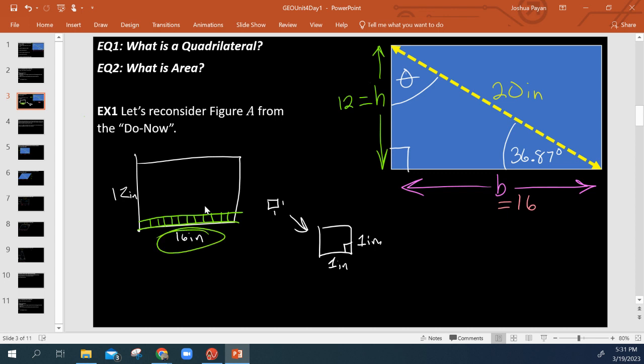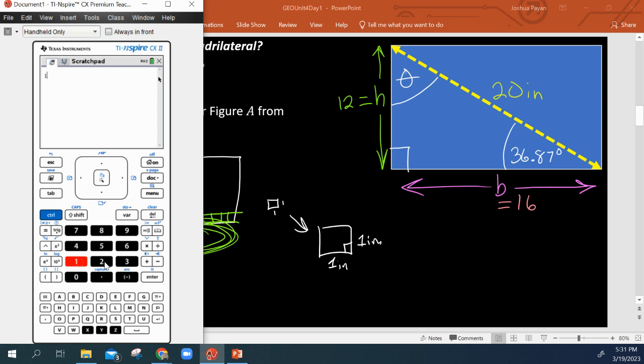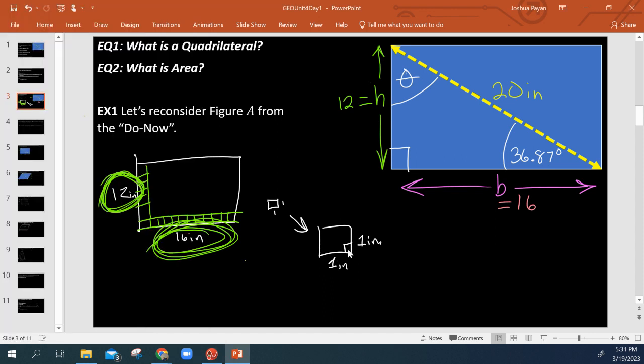Okay, and how many could I stack up? Well, duh, we would have 12 going up and down, right? So basically, what we would end up doing is we would say we have 12 rows of 16 or 12 times 16. Okay, so handy dandy calculator, 12 times 16, and we get 192.